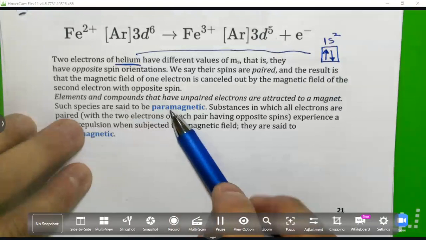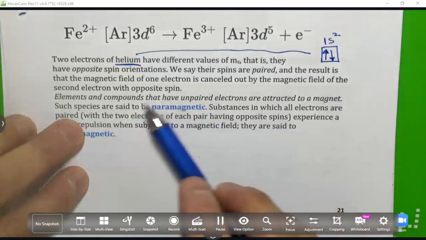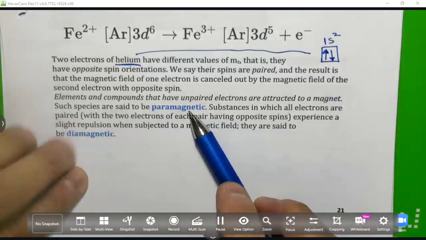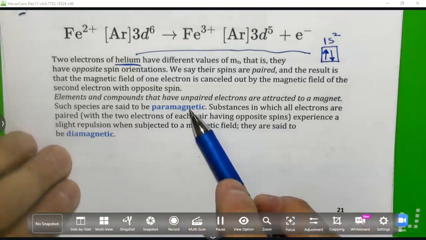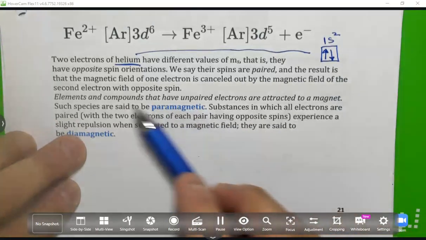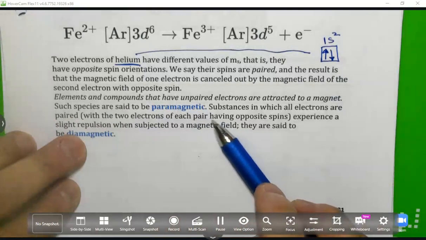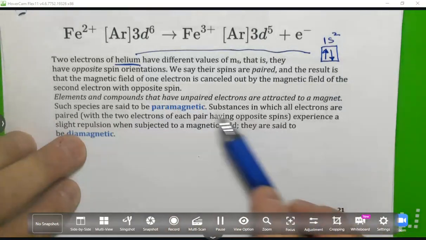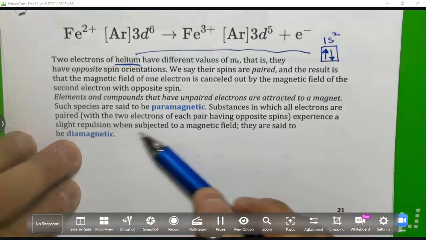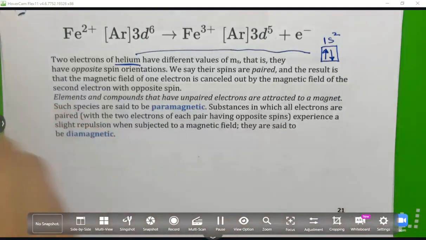Elements and compounds that have unpaired electrons are attracted to a magnet. Such species are said to be paramagnetic. Substances in which all electrons are paired, with the two electrons of each pair having opposite spin, experience a slight repulsion when subject to a magnetic field. They are said to be diamagnetic.